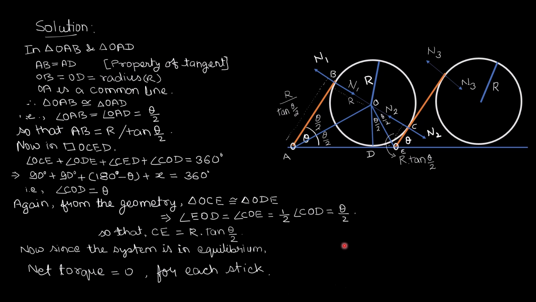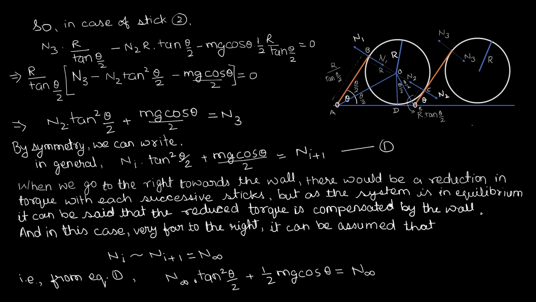Now, since the system is in equilibrium, the net torque would be 0 for each stick. In the case of stick 2, since the net torque is 0, the torque generated by the contact force N3 must be compensated by the torque generated by the contact force N2 and the torque generated by the weight of stick 1, which has an effect on stick 2.